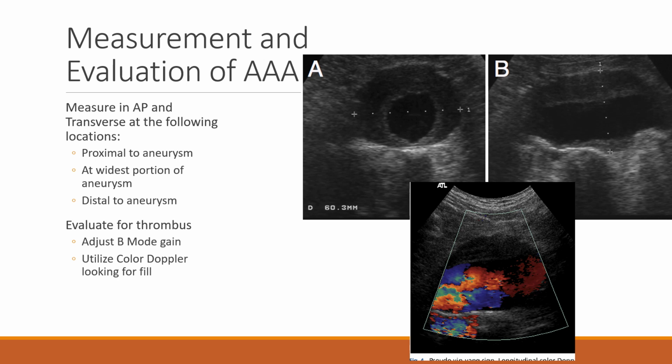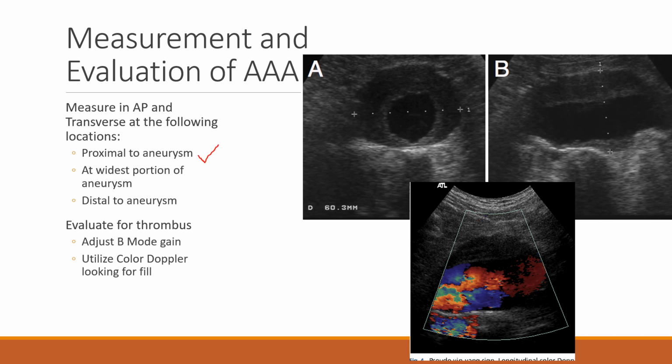So let's say you did go ahead and find your AAA. You took all the proximal, mid, and distal measurements. You took transverse measurements, but you identified this one fusiform-looking AAA like we see here in this example. When you find a AAA, you're going to want to measure it in multiple places. The first place is you're going to measure it proximal to the aneurysm.